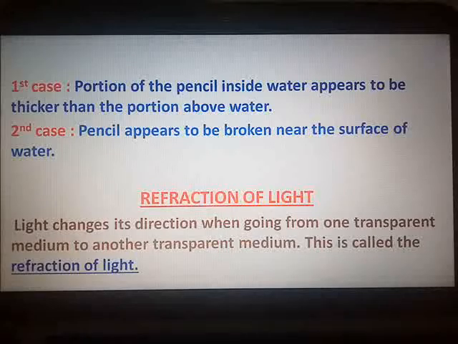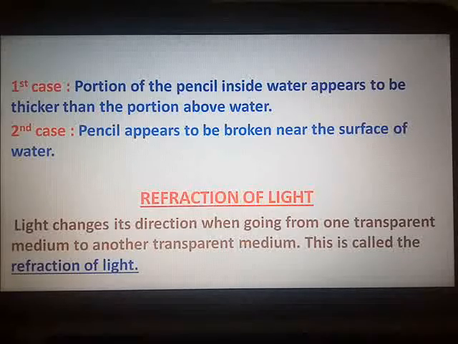The person is the same, but the medium is different. First it is the road, then the sand, then the water. So here also the change in the direction of a light ray while entering different media is different. It is related to a concept which we are going to study ahead, which is refractive index.